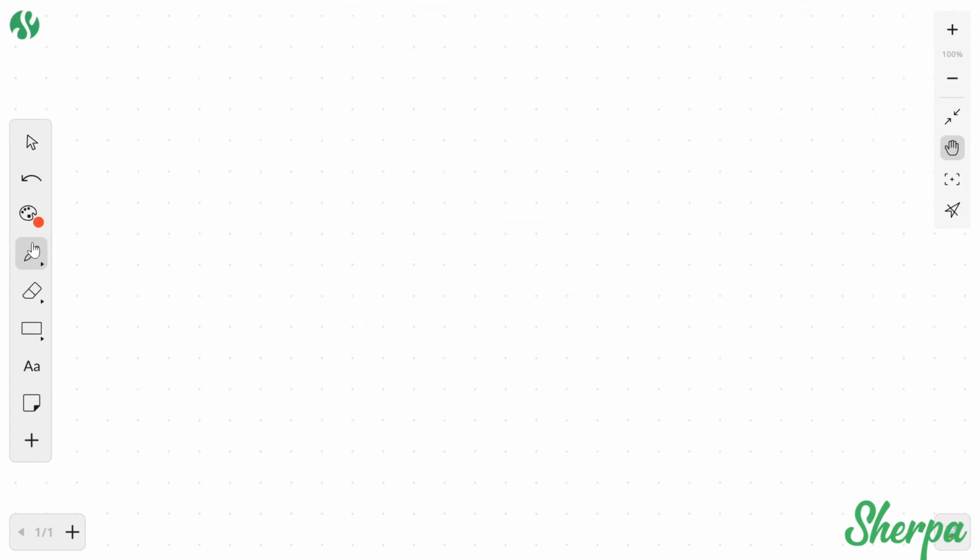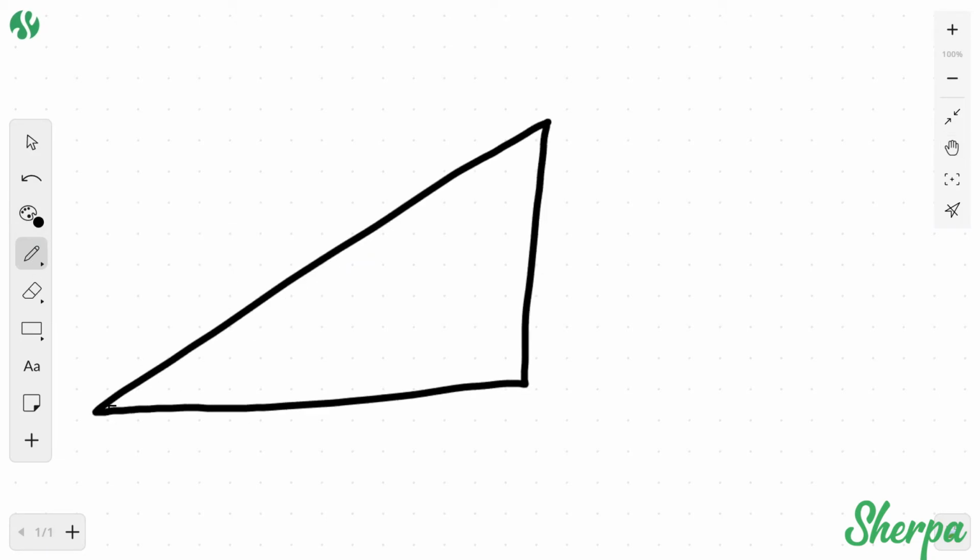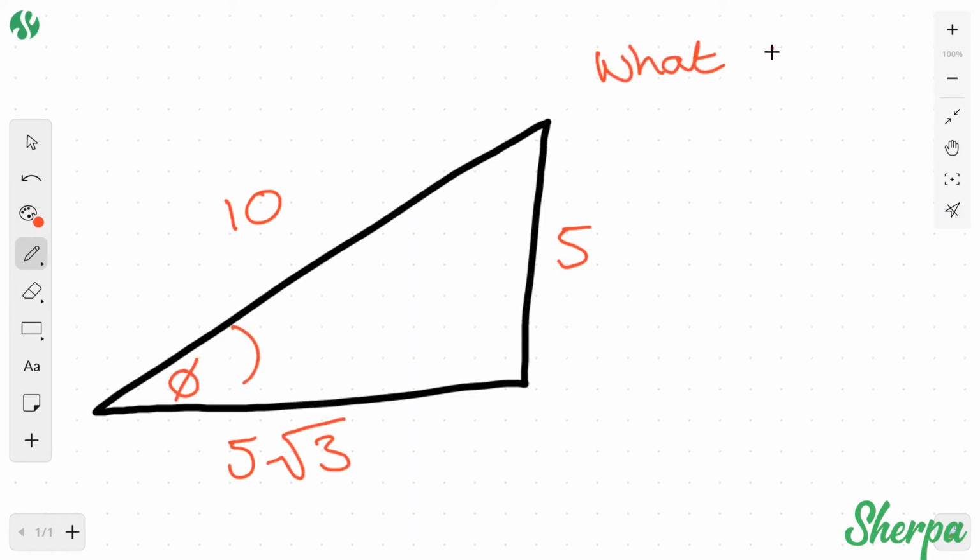But what happens if I reconstruct the exact same triangle, except this time I have the lengths? I only need 2 here, but I'm going to put all of them in because we already know them. If I have the lengths, but I don't have the angle theta, well, this is where the inverse trigonometric functions come in.